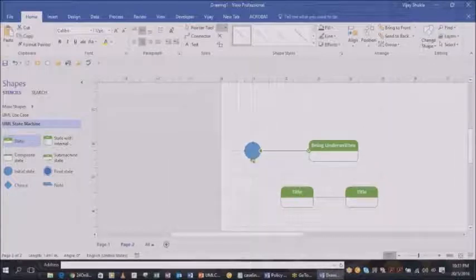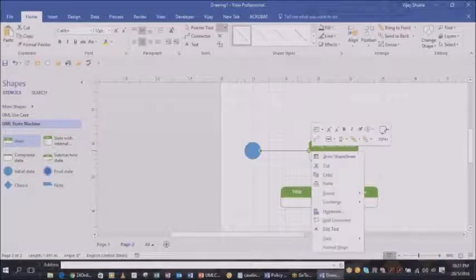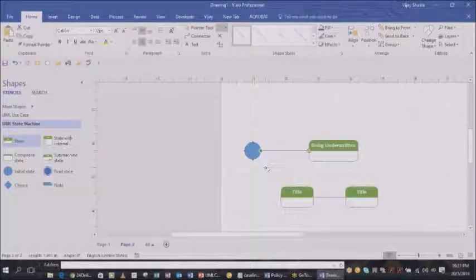I'm just adding the tooltip to this. It can go to other states. So I will mention what those states are. So that policy can become in force.